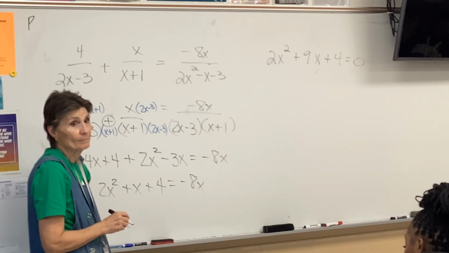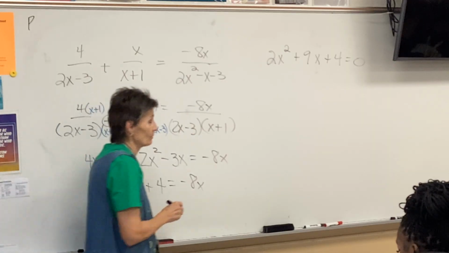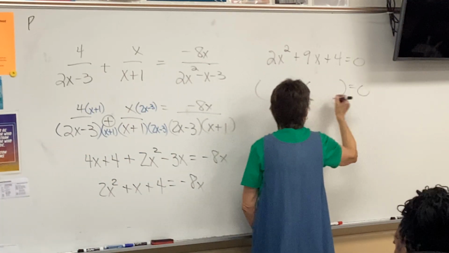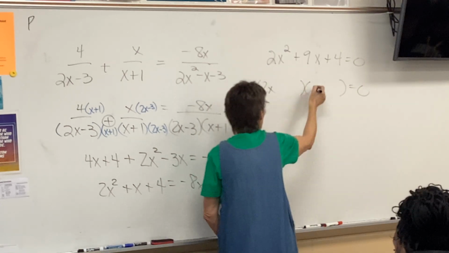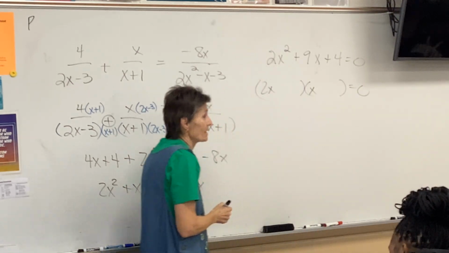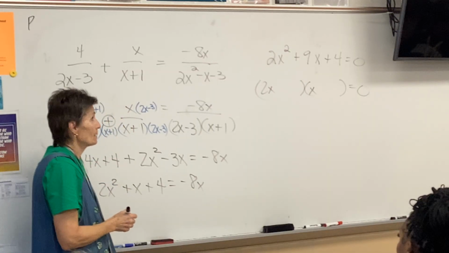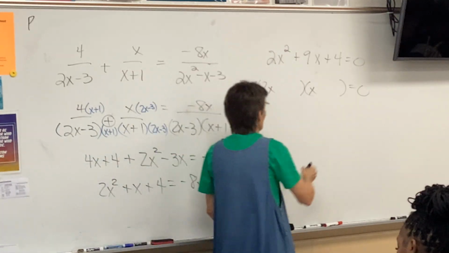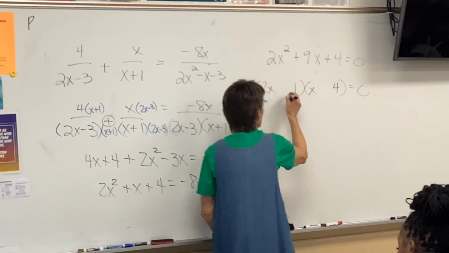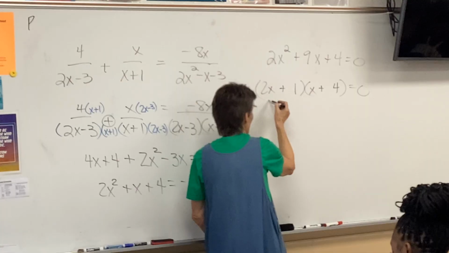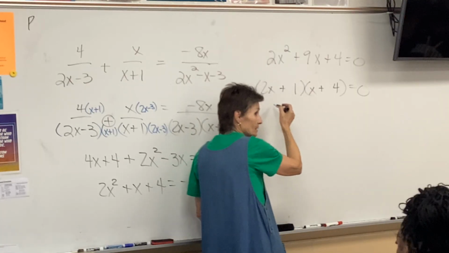Now what? There's that. Now I cannot take that 2 out, so my factors are going to have to be 2x and x. And I'm going to put a 4 here and a 1 here, because remember, when I FOIL, don't these get multiplied?